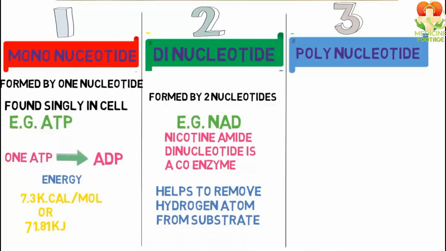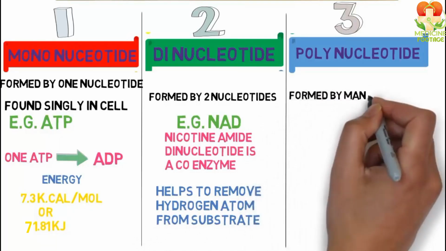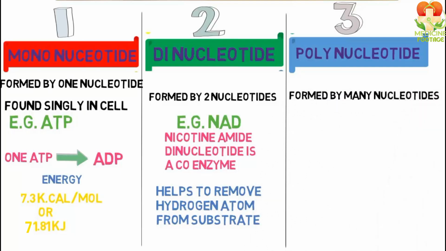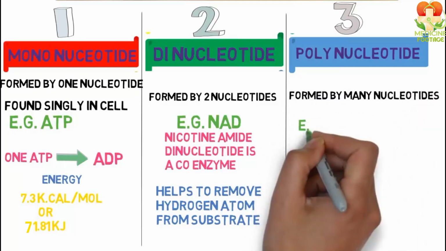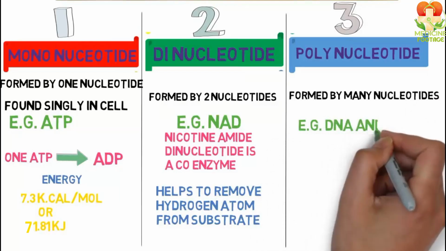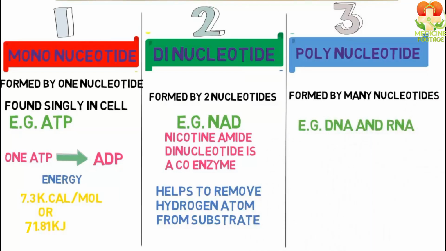Now we come to polynucleotide, the third classification of nucleic acids. Poly means many and nucleotide means nucleotide. When many nucleotides combine, it forms polynucleotides. Examples of these are DNA and RNA.